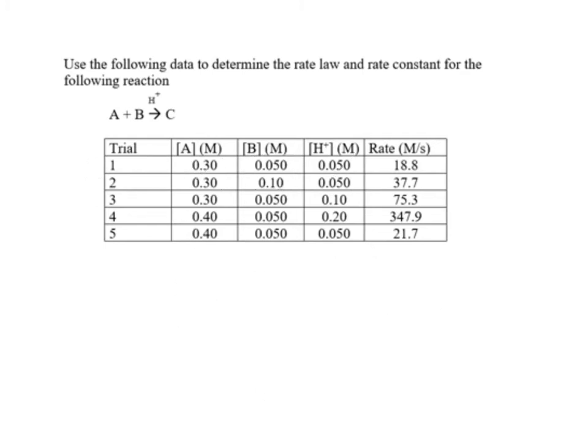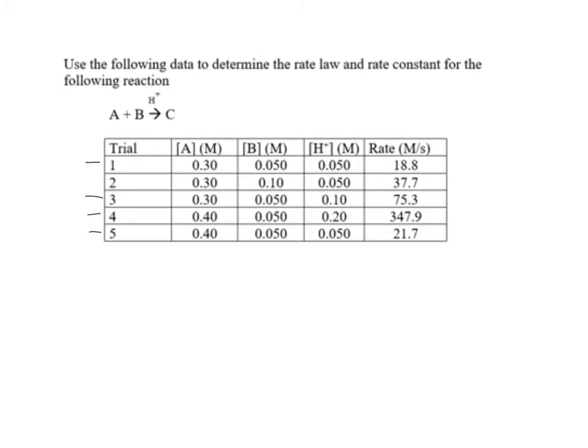So for H, I see we've got two possible data sets or trials in which we could use to establish the order in H. We could compare trials 1 and 3, noting that the concentration of A and B is held constant, and we varied concentration of H, or we could also compare trials 4 and 5.